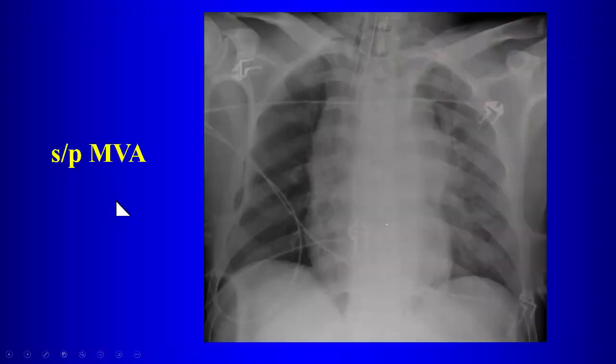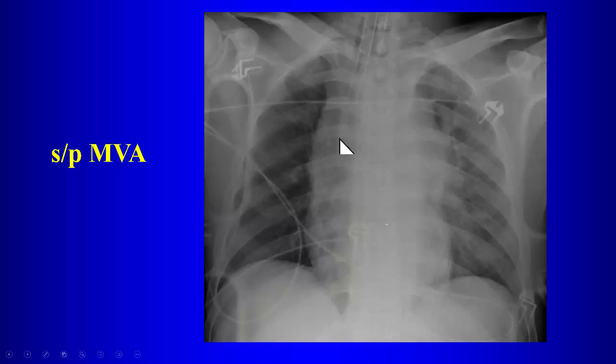Patient had a motor vehicle accident. We look at this chest radiograph and we say, what? Wide mediastinum. So what are we worried about? Dissection. Not dissection. The term is not dissection. What's the term? Traumatic aortic injury. Okay.